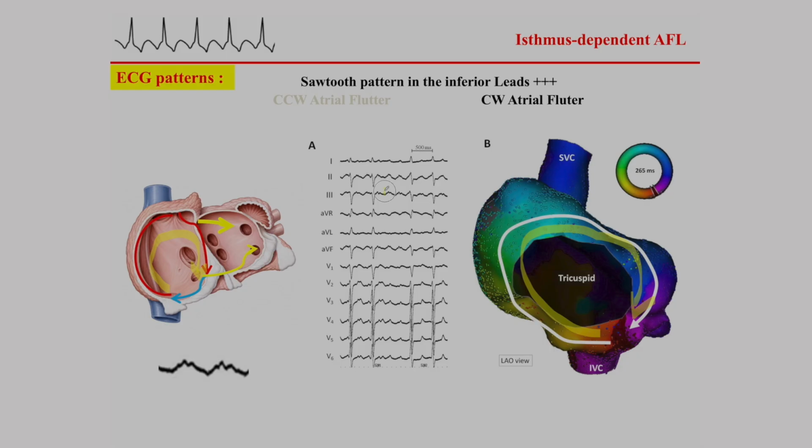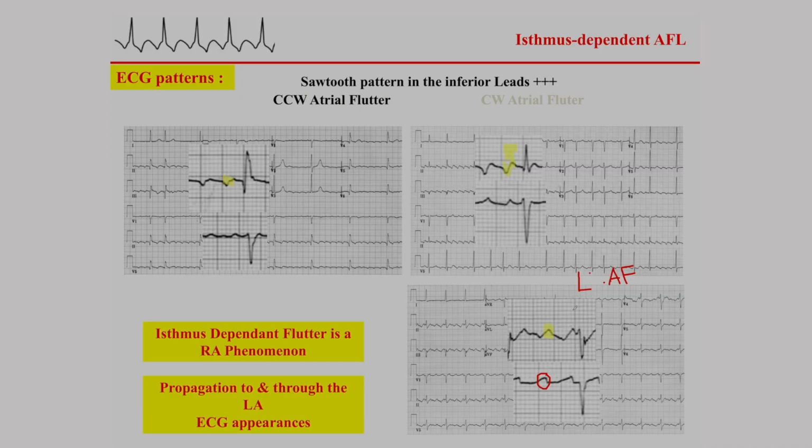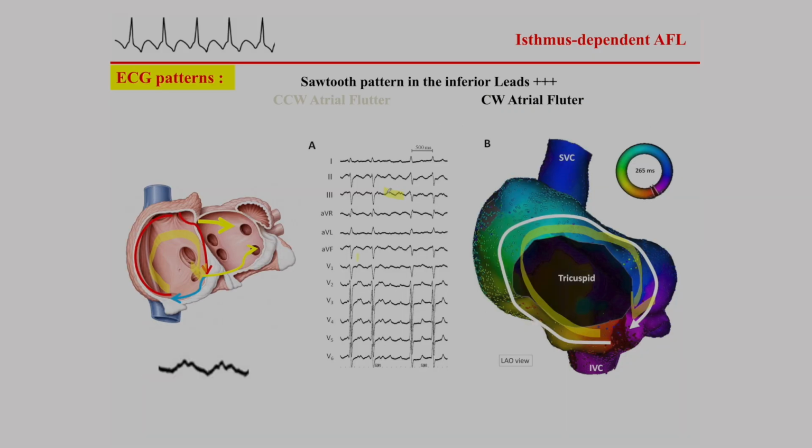And what I want to point out here is the notch. It's a positive deflection in the inferior leads that could be misleading diagnostically with this third group, which has a predominantly positive deflection. But for clockwise, we have this notch, which was explained by the predominant activation of the left atrium over Bachmann's bundle, because the circuit is in a clockwise manner.